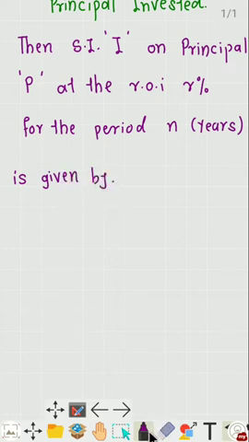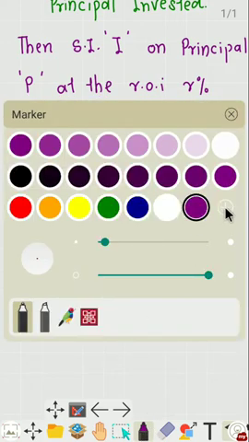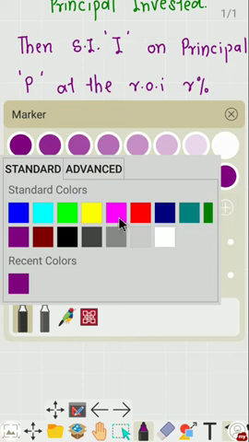It is given by the formula. Let us write the formula in a different color. I will write that formula using this color.